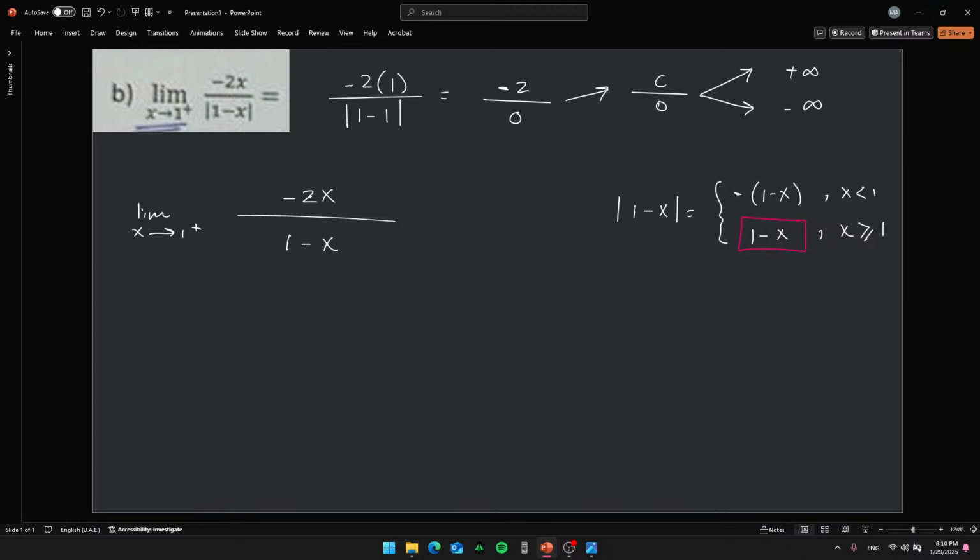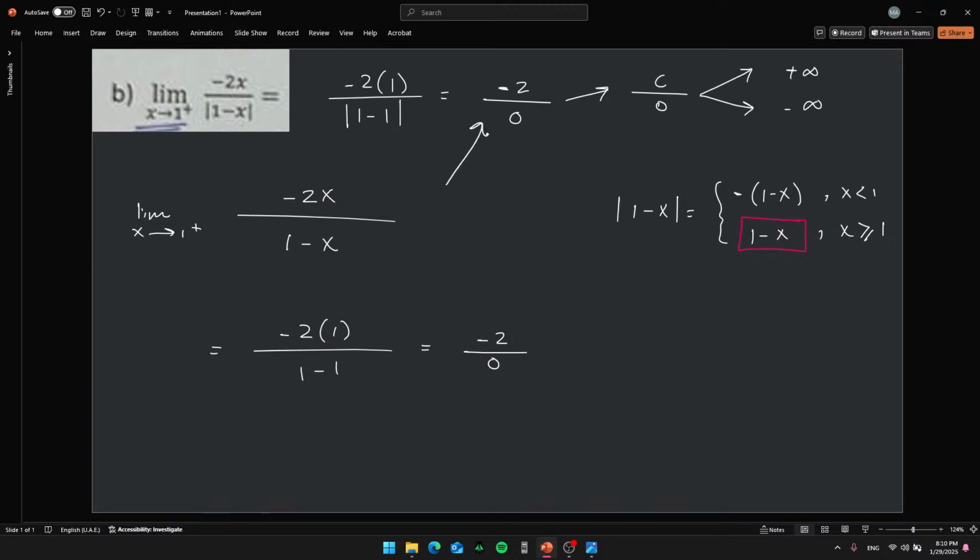Now if I substitute negative 2 times 1 over 1 minus 1, it would give me negative 2 over 0.